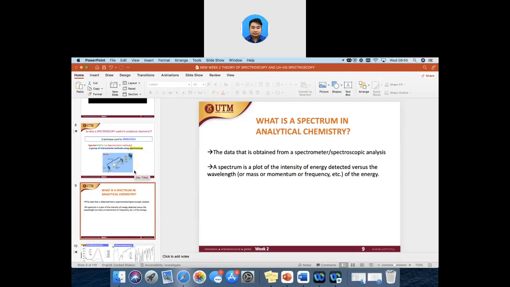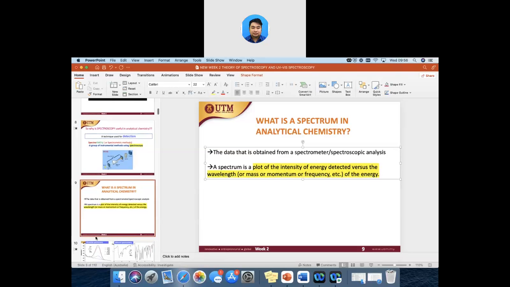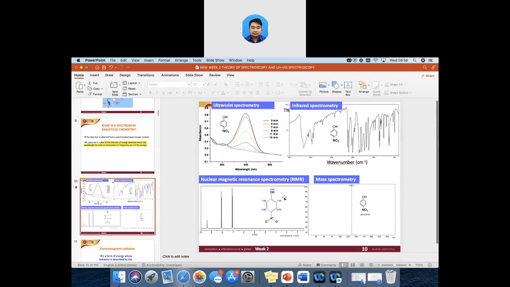So a spectrum ni usually will be in a plot. Okay, I can just highlight here. It will be in a plot where intensity of energy is detected versus the wavelength. Okay, so basically you can look at this one.